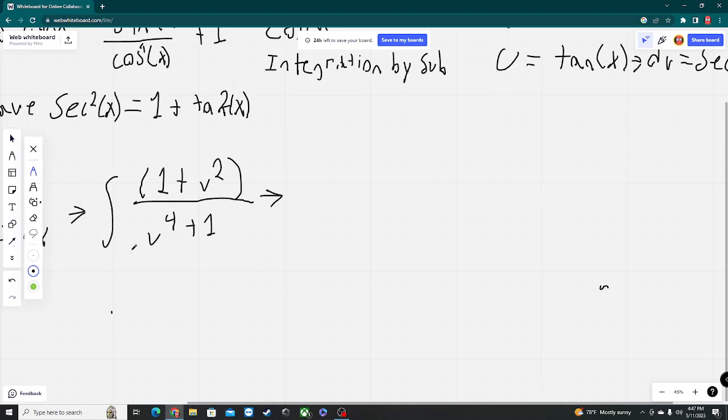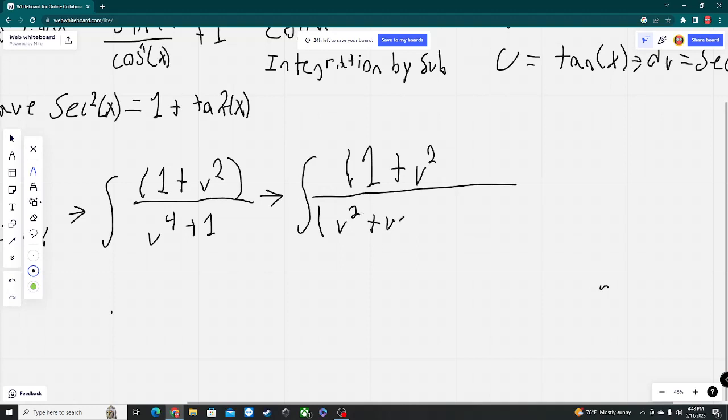What we can do is simplify our denominator, or we can factor it. That would make this equation much easier to solve. So let's do 1 over u squared. Let's leave that on top. Then the bottom, we'll factor this out. It should be u squared plus u square root of 2 plus 1.